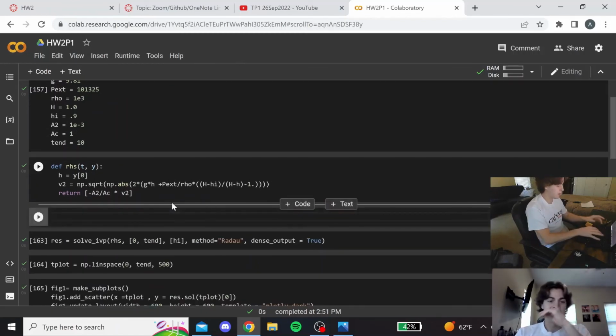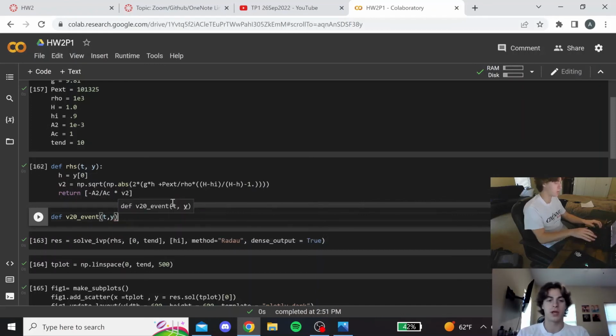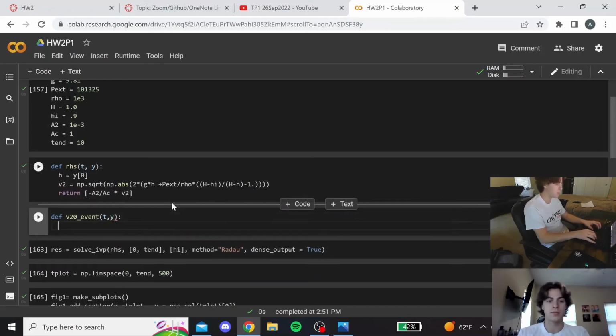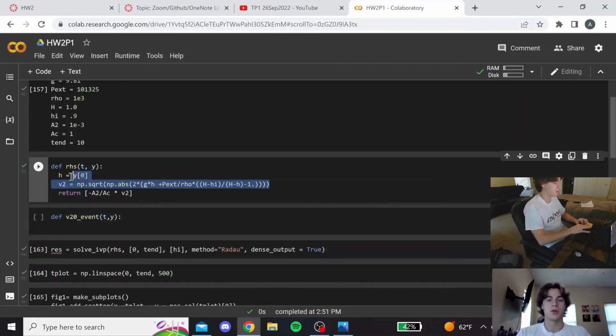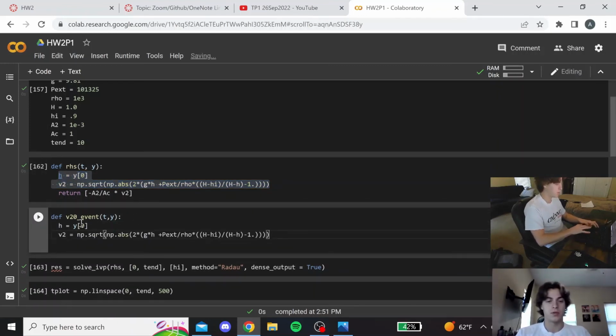So I'm going to define another function and call it when v2 goes to 0. It's an event. We're going to pass our same parameters as the right-hand side to it. And then I'm just going to copy this over. So we still need to unpack our height from the array.